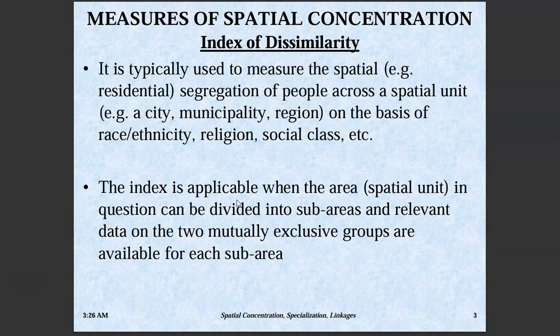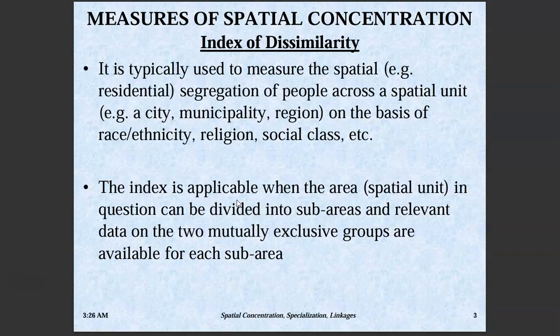If we are taking KNUST as a whole, this index can be applicable if KNUST as a whole can be divided into sub-areas. These sub-areas could be the various colleges we have or the various departments. Under each of the departments, there should be two mutually exclusive groups we can have enough data on.